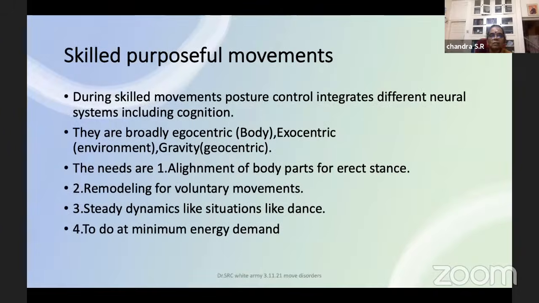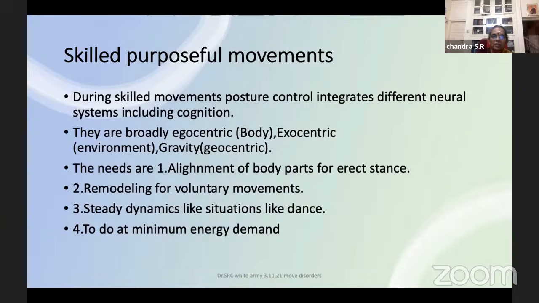And during skilled movements, skilled purposeful movement, that is typing movement, music, no? During skilled movements, posture control integrates different systems, including cognition. If you have to type, you have to think of what you're going to type. You have to put your correct fingers in the proper position, put full stop, comma, space.